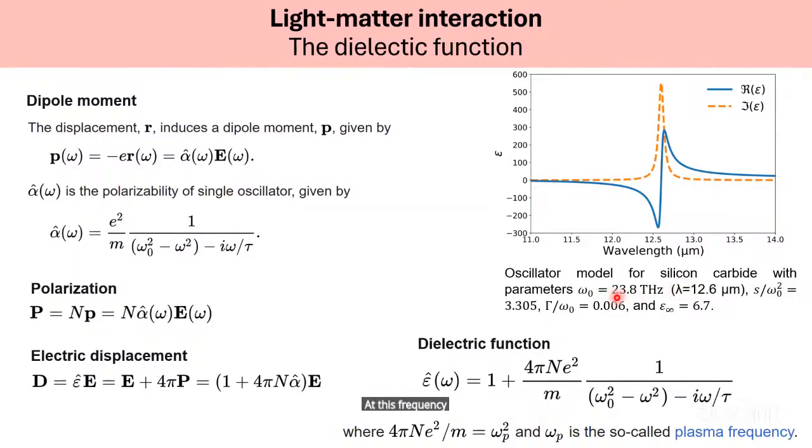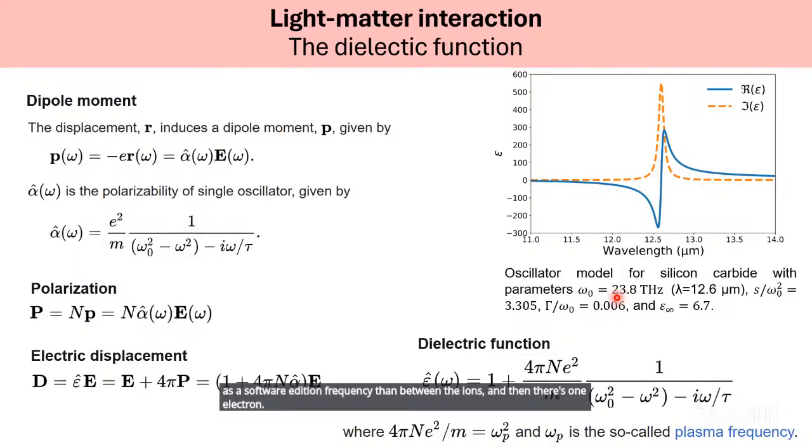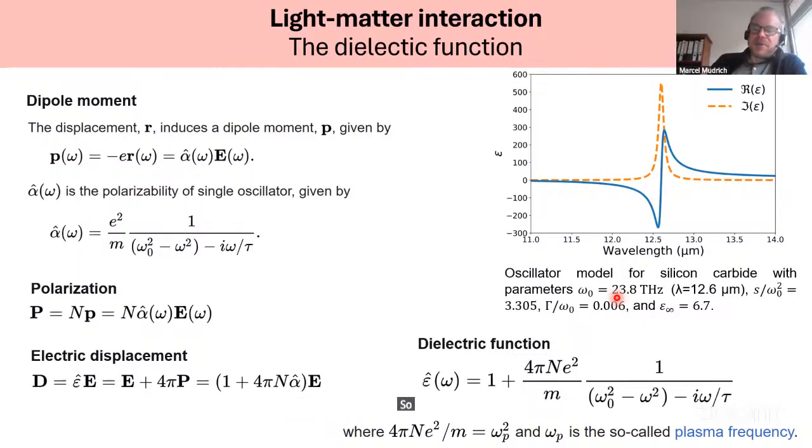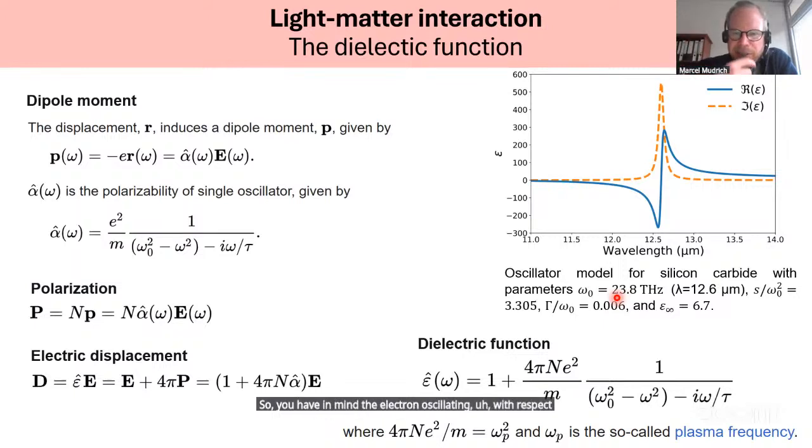Is it like how the dipole moment has a separate resonance frequency between the ions, and then there's one for the electron, this whole dipole moment curve which comes in different regions? Is it related to that? So you have in mind the electron oscillating with respect to the ion. Actually, in this case, that's a bit confusing.